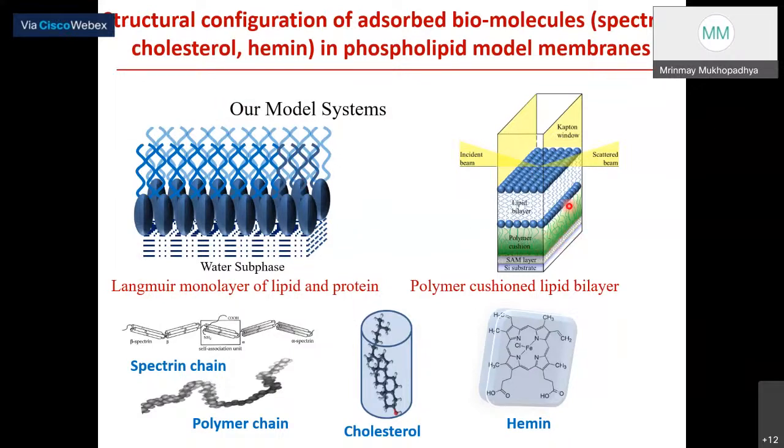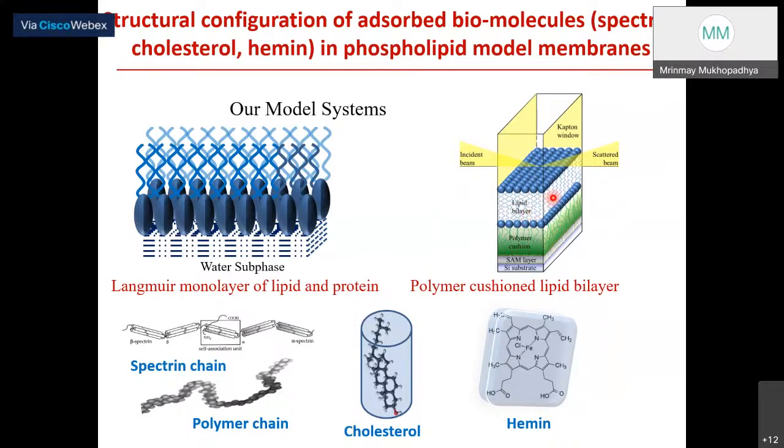But here, this part is water. When you fill the experimental cell with water, the hydrophobic part cannot be exposed here. The membrane cannot terminate with the hydrophobic part on top, but it can terminate with the hydrophilic part on top and the hydrophobic part in the middle.